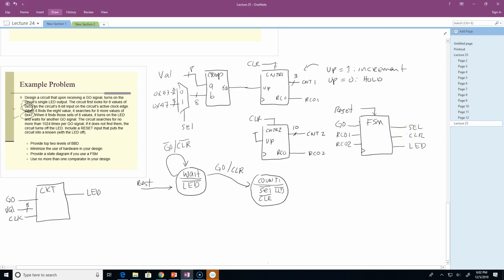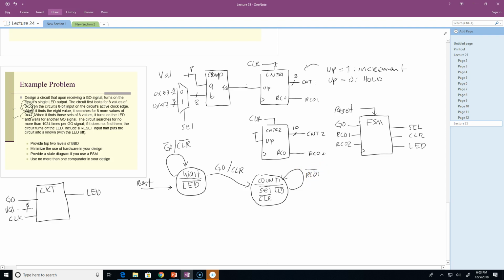I know this is wrong, but this is actually the way I did it the first time because I wasn't really clear on how to do it right. So I'm going to do it wrong and then fix it, because once I do it wrong, it's going to show me things I wouldn't have seen otherwise. This one is going to stay here so long as RCO1 is not asserted.